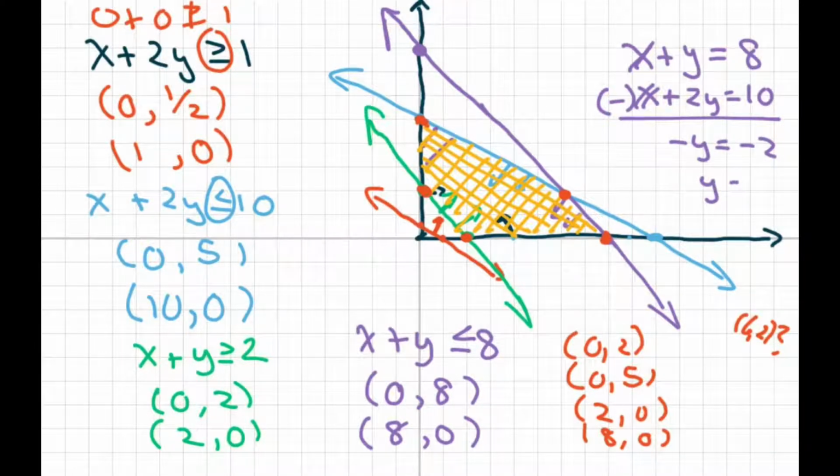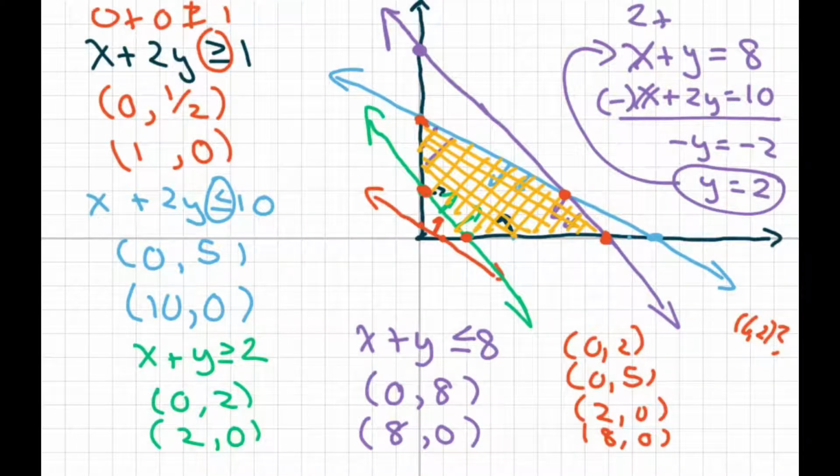So we do have y as 2. And if you plug this 2 back in, we get x would have to be 6. So this point right here is what we thought it was, 6, 2.